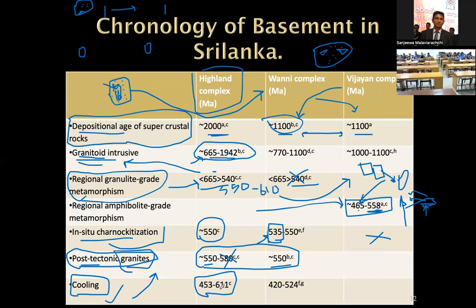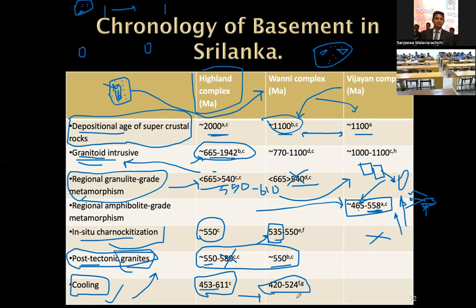You can take them to date these cooling ages, right? It has given like 400 to even 600. Sometimes at the early stages they started to uplift also, right? At the initiation of the metamorphism there has been upliftment also. So from 450 to around 600, we have cooling ages for the Highland complex, and for the Vanni complex, we have these cooling ages.